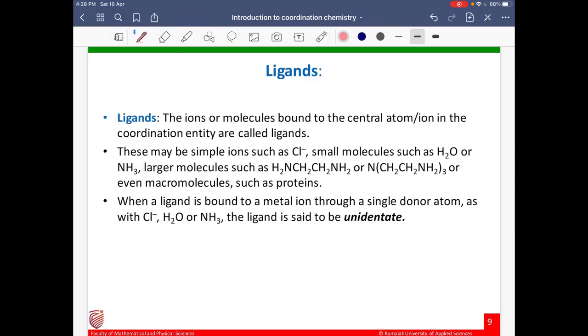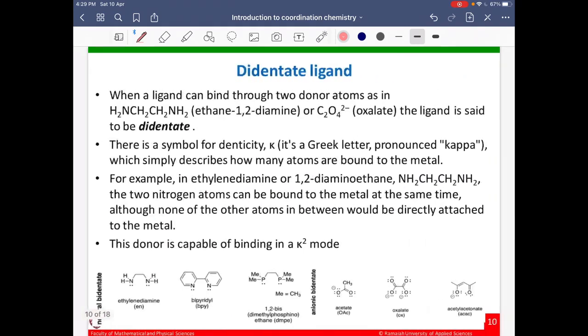These may be simple ions such as chloride, small molecules such as H2O or NH3, or larger molecules such as ethylene diamine, NH2CH2CH2NH2, or even macromolecules such as proteins. When a ligand is bound to a metal ion through a single donor atom, as with chloride, water, or ammonia, the ligand is said to be unidentate.